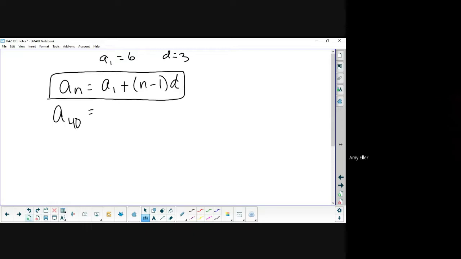I'm going to use my formula. The first term they tell me was 6. N is 40. I want 1 less than that, so 39. And my difference is 3. $123 is my answer.